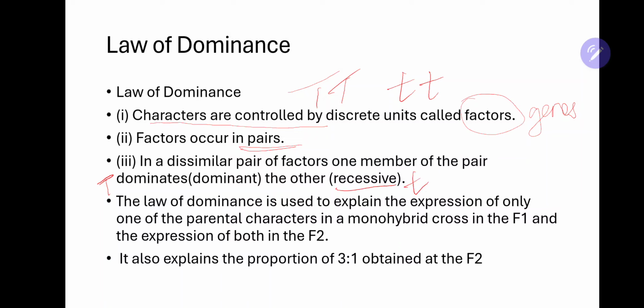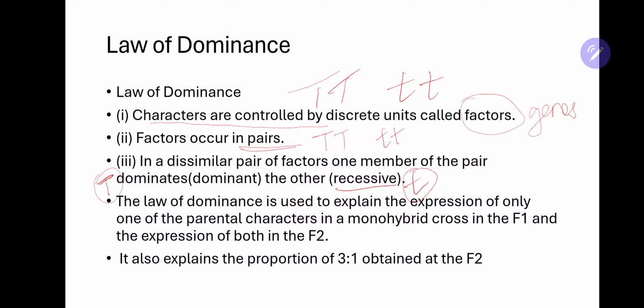So the characters are controlled by discrete units called factors or genes, and these factors occur in pairs, that is TT and Tt, capital T and small t. That's why it is said that factors occur in pairs. In a dissimilar pair of factors, one member will be dominant and the other will be recessive.